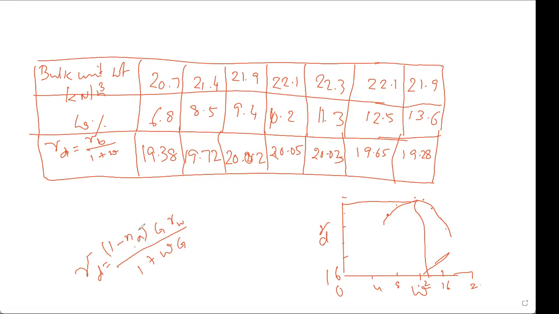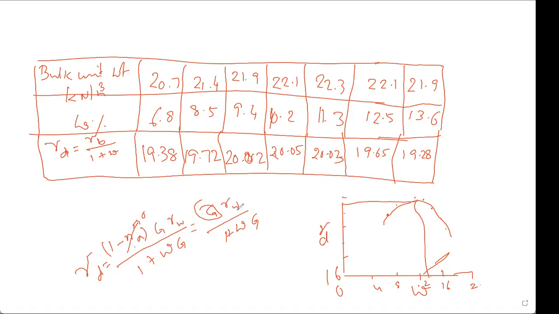So gamma D will be equal to G into gamma W divided by 1 plus omega G. They have given the value of G. For different values of omega, you have to find the value of gamma D.